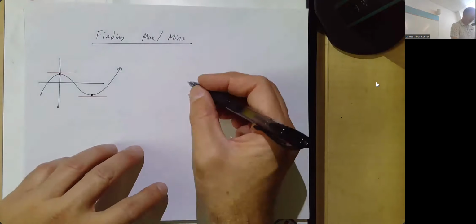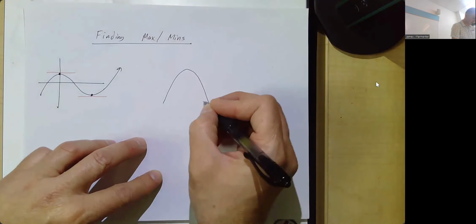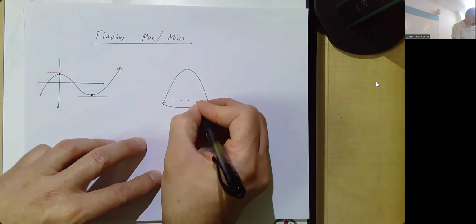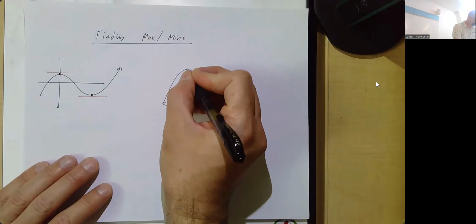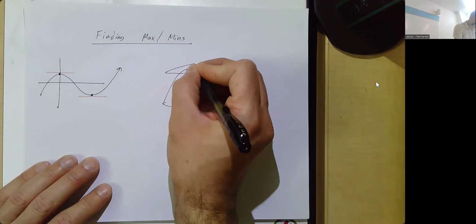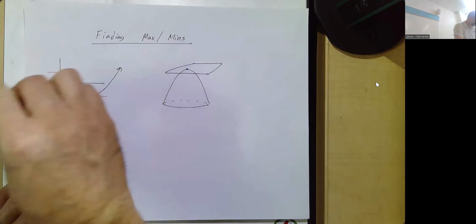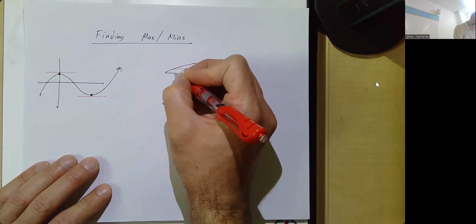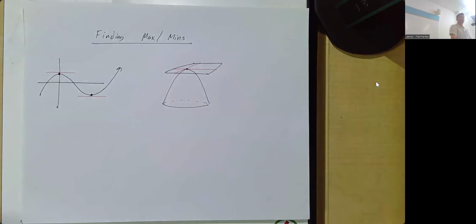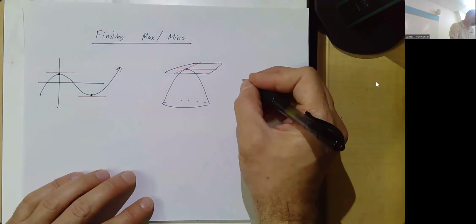We're going to look for places on surfaces where the tangent plane essentially has a slope of 0. Although what I should really say is the tangent plane is parallel to the xy plane, or parallel to the floor. So like the top of this paraboloid is where the derivative in the y direction and the derivative in the x direction is 0. Or the bottom of the same sort of shape.